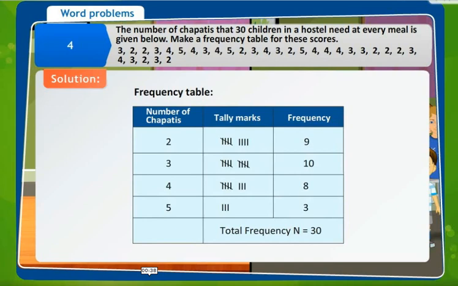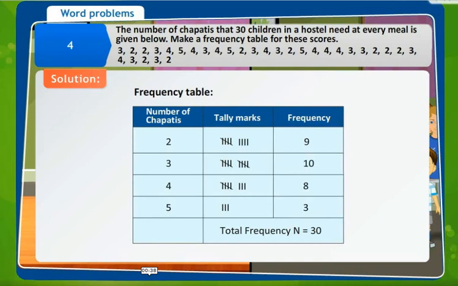I hope you have understood how to solve statistics, frequency table, the average by using these things. Now you have to keep in mind that frequency distribution table is a simple way to tabulate scores by using tally marks.